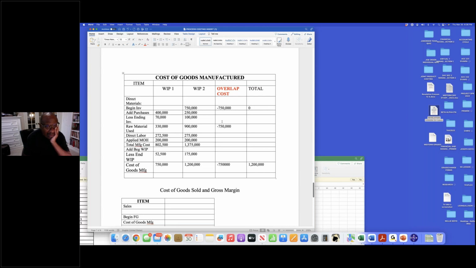So let's see, 330 plus 900 minus 750, should that give us 650? Is this number 650? So we're gonna add work in process one and work in process two. Then we're gonna subtract the 750,000, the overlapping cost.